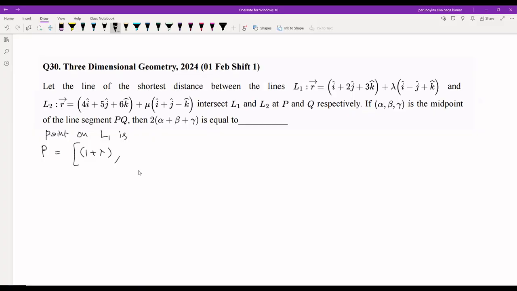L1 is P equal to 1 plus lambda into, of course, I bar it is, but I wrote like this. And next 2 minus lambda. I created from these values any point. And next one is 3 plus lambda.